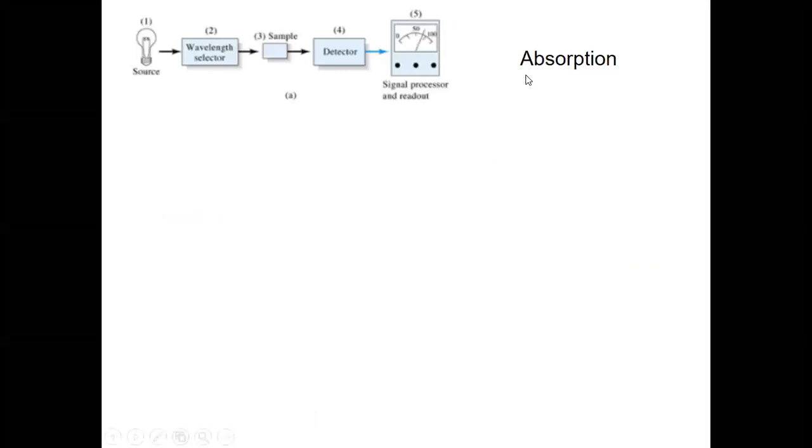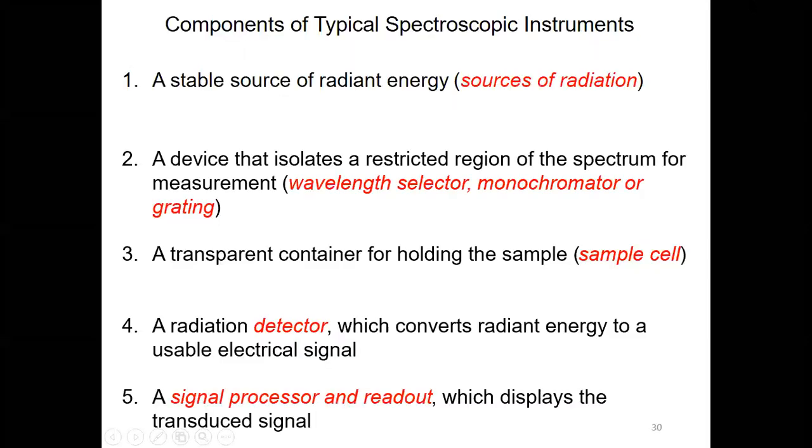Now let's see in the absorption spectrophotometer how these 5 different components are arranged. Remember this: source, wavelength selector, sample cell, detector, and a readout device.